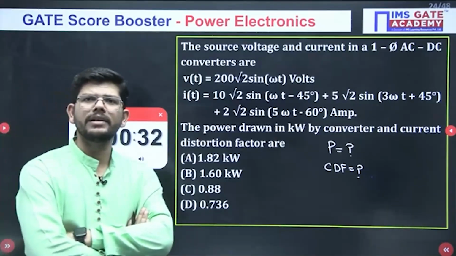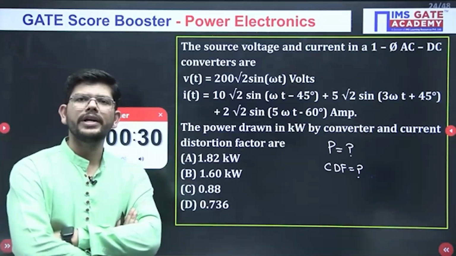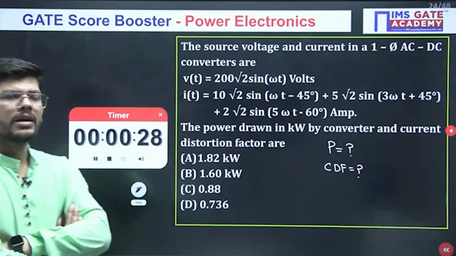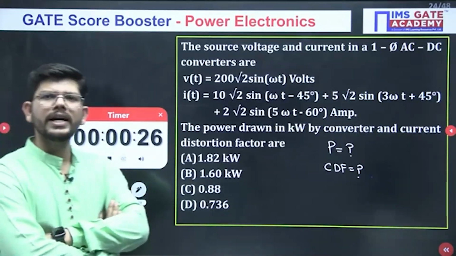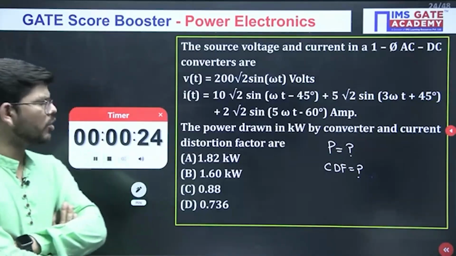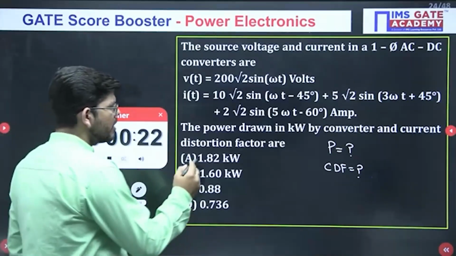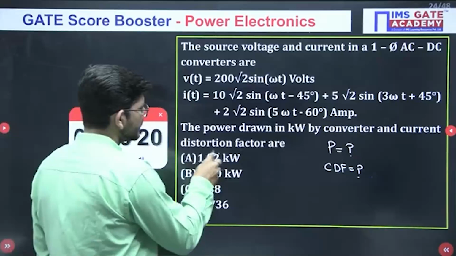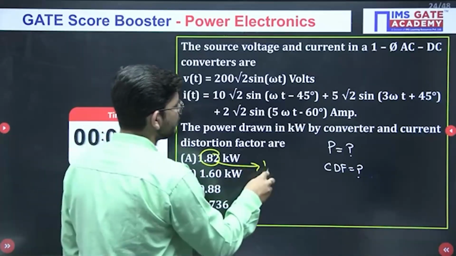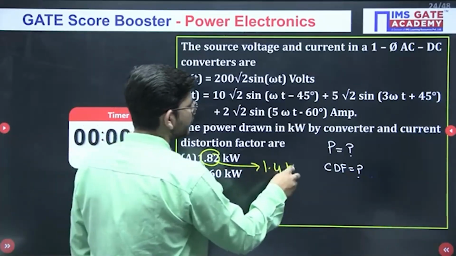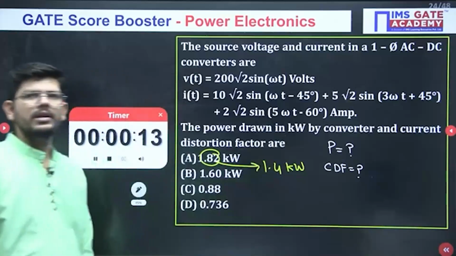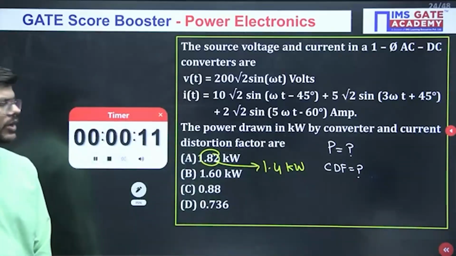A and D are correct, 0.88, yes. And I think the power value you are getting is different, which is not included in the options. I think this is wrong. You will be getting 1.4 kilowatt. Are you getting 1.4 kilowatt?